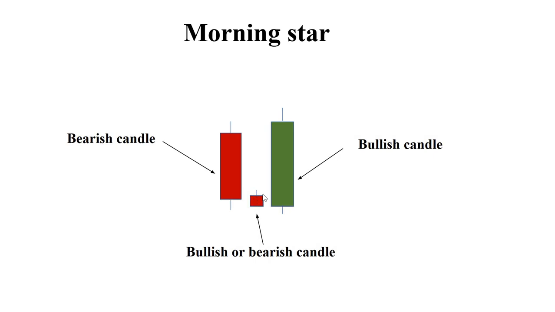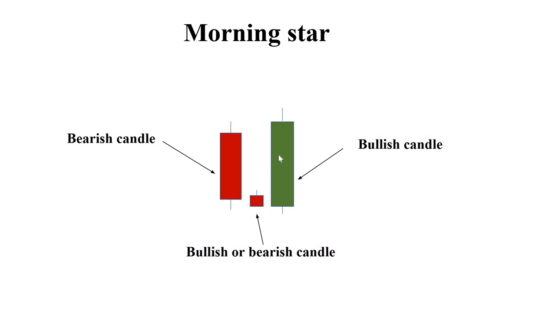After the formation of the dodgy or indecision candle, we will confirm the formation of the morning star when we see a strong bullish candle. First there will be a bearish candle. The next candle will be an indecision candle, which tells us that the sellers have lost their momentum. They were not able to push the price down further.